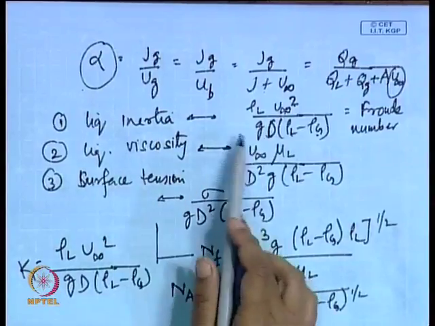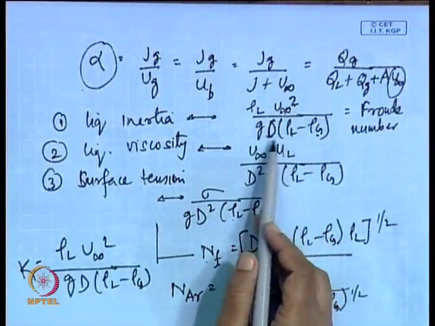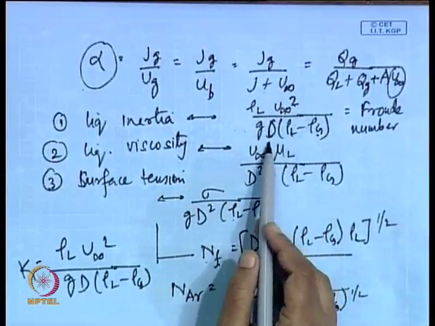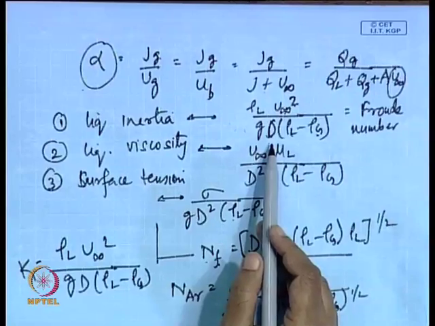Okay. Now, if these forces are important, then naturally the buoyant force will interact with these forces and enable the bubble to rise. When inertial forces are important, a balance of buoyant force and inertial force is represented by a Froude number type of expression.